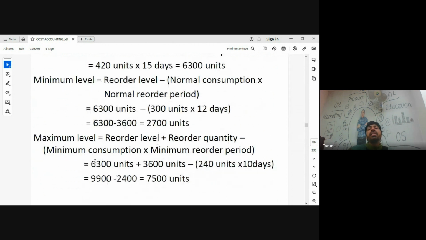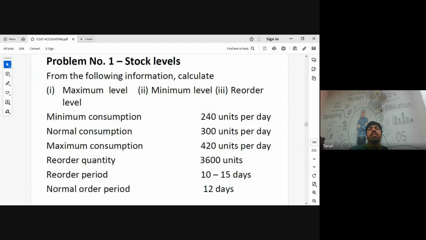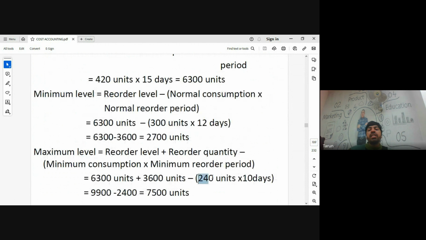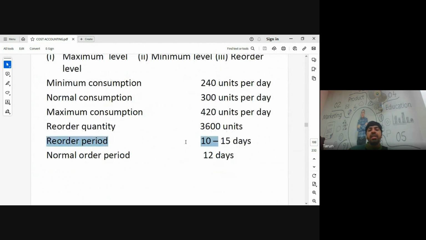So reorder level is 6,300 units, reorder quantity given in the question is 3,600 units, minus minimum consumption. Minimum consumption is 240 units, already given, and the minimum reorder period is 10 days.